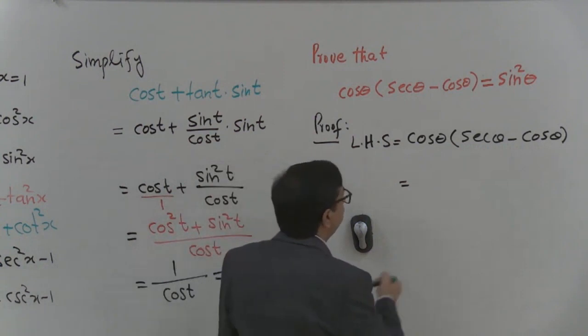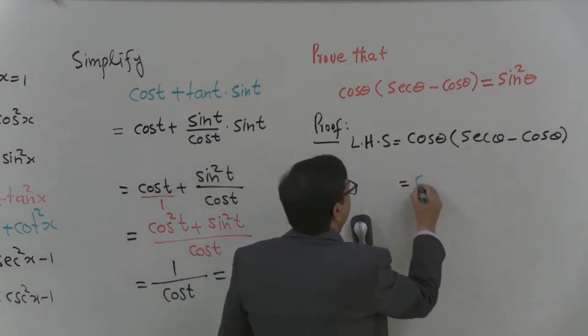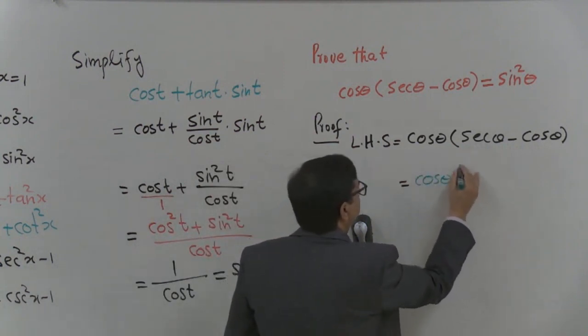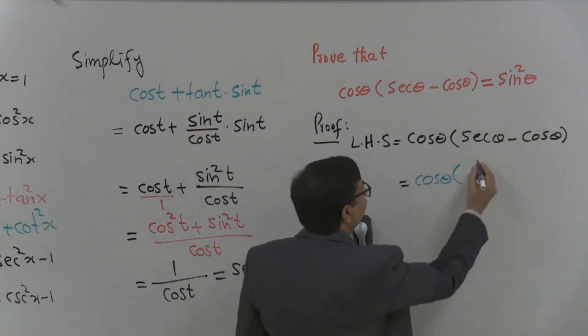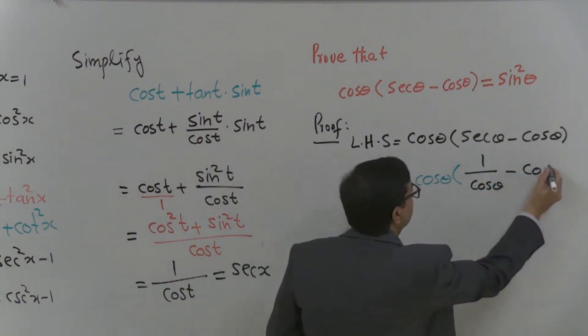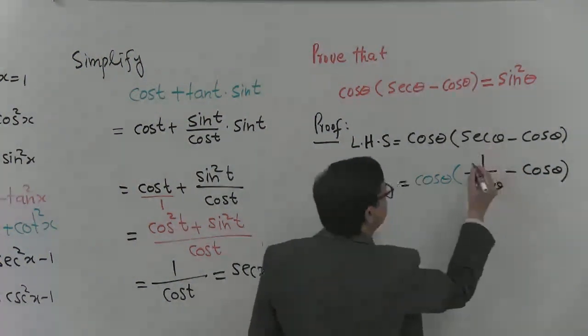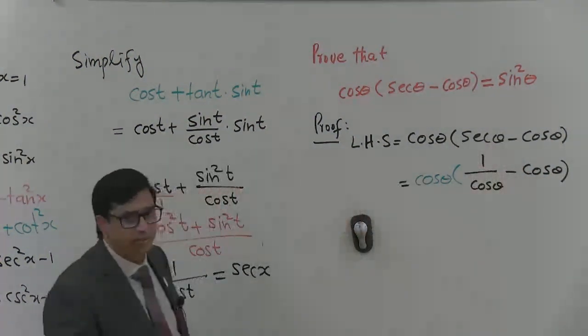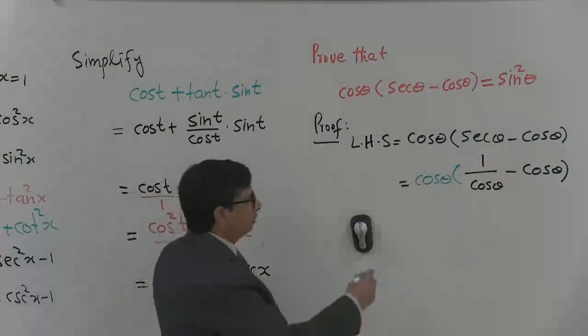Yes. We change it into cosine theta, and this will be 1 over cosine theta minus cosine theta. So we change secant theta in terms of cosine. Now we distribute.